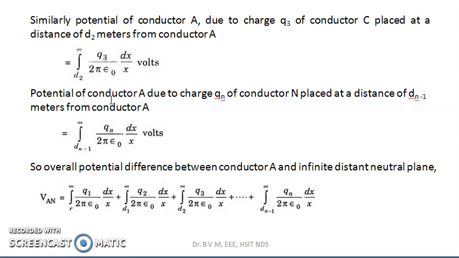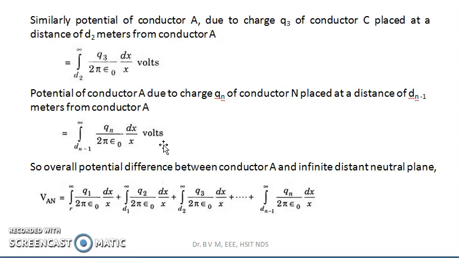The potential of conductor A due to charge Qn of conductor N, placed at a distance of Dn minus 1 meters from conductor A, is given by the integration from Dn minus 1 to infinity of Qn by 2 pi epsilon naught dx by x volts.